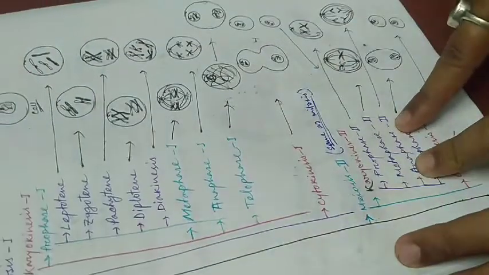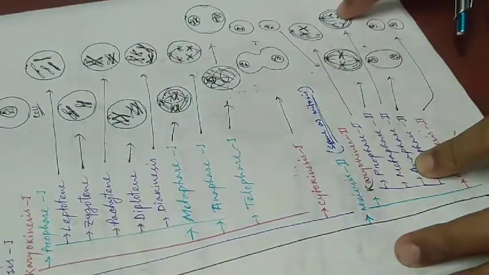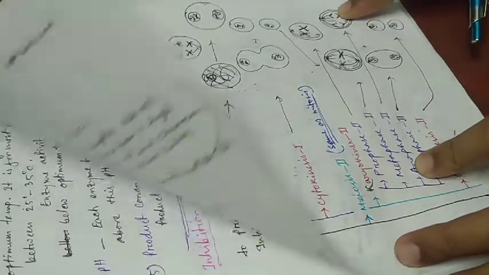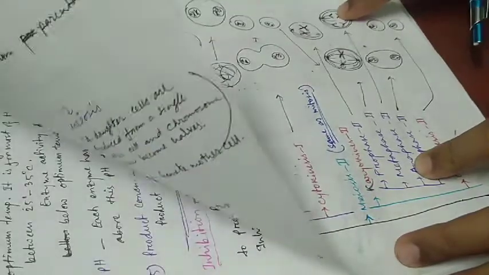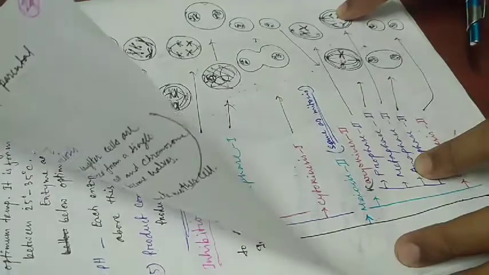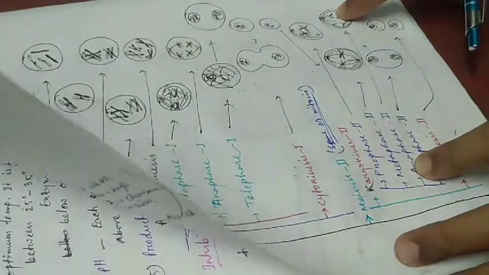Then anaphase 2. In anaphase 2, by contraction of the spindle fiber, each chromatid of the chromosome moves to the pole.